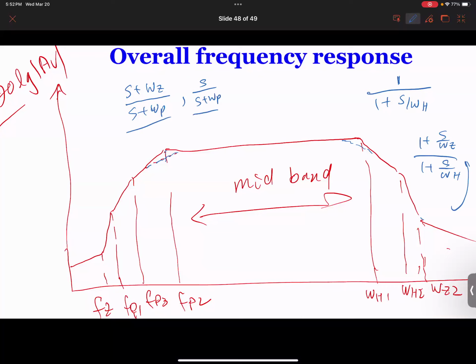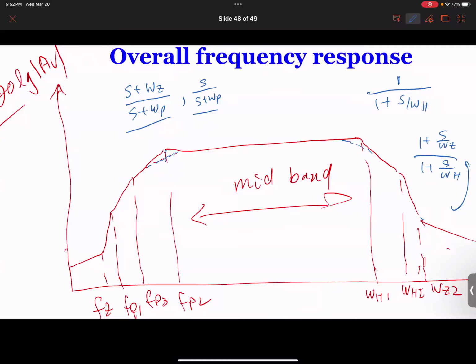So you can see that for the low frequency, you always have a 0. It doesn't matter whether omega Z is 0 or not. You always have a 0, which means there's always S at the numerator, and there's S plus something at the denominator. That's for the low frequency.